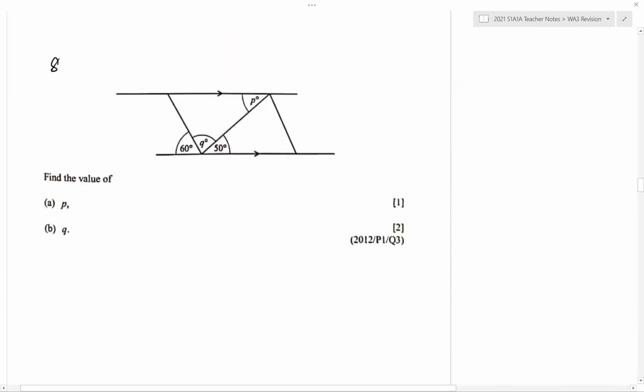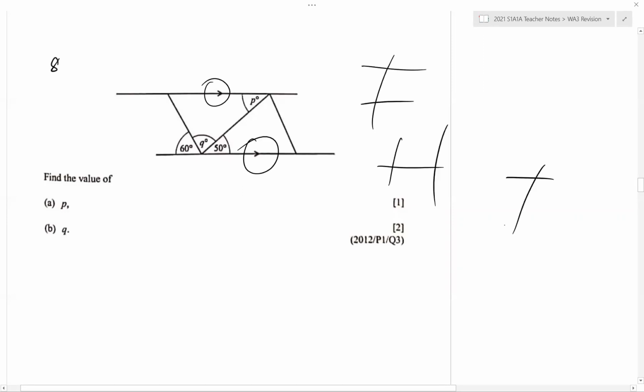Next one, find the value of P. See the parallel lines. When you see parallel lines, immediately write down F, U, Z. Draw in the parallel lines. Draw in the angles that we are interested in.